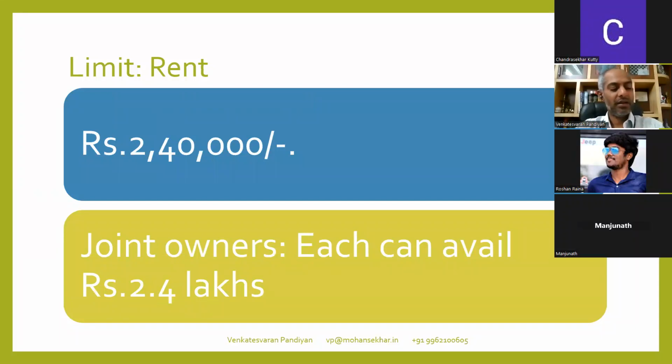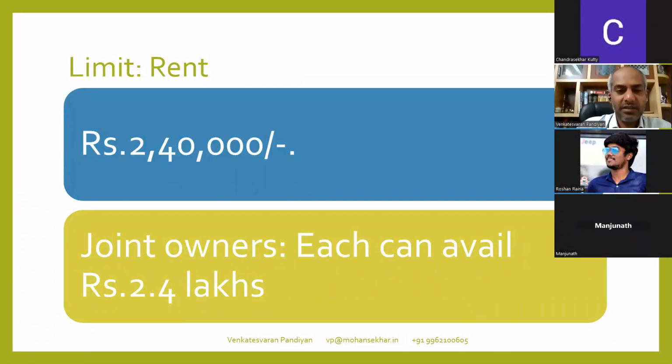So what's the limit? The limit is 2,40,000 rupees per annum. A very important point to note in this is, if the asset is owned by more than one owner, which is called joint owners, each of them can avail this limit of 2,40,000 rupees.